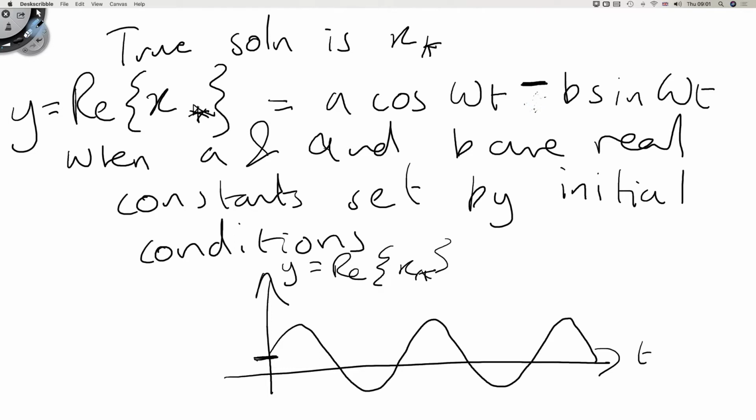So these two solutions. I just want to show you that if I differentiate this, I get the real part of dx star/dt, I end up with the right hand side. So this is just going to show you how that works.